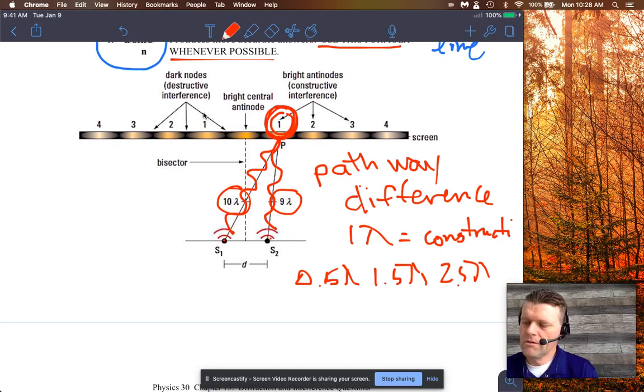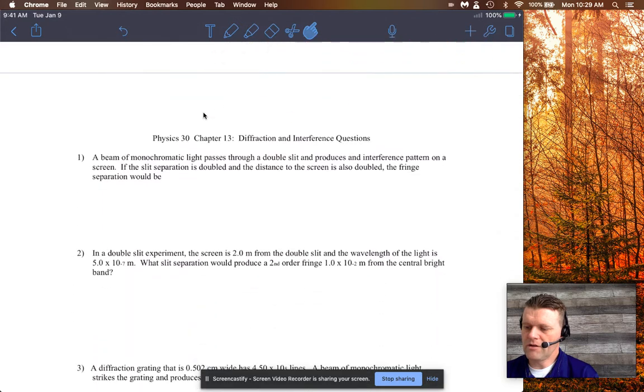That's what's happening in between the antinodes, where the pathway difference would be any fraction that's a half of a wavelength. If you see that pattern, that's the example of pathway difference.